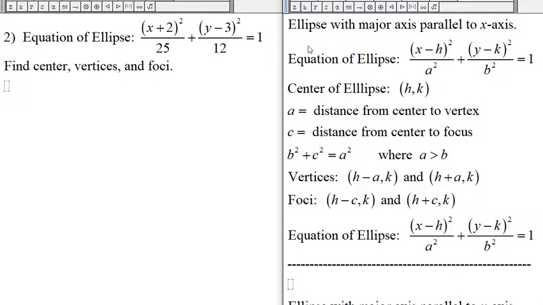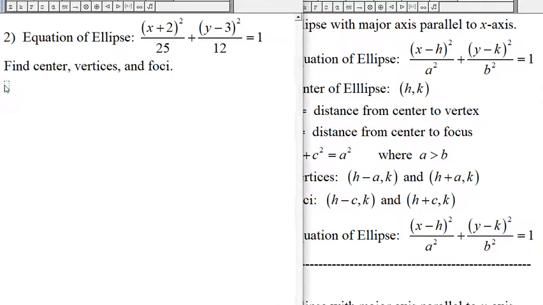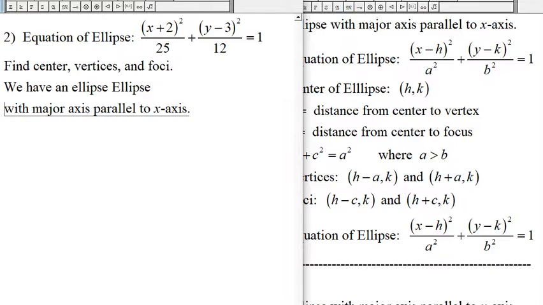And so we have an ellipse with major axis parallel to the x-axis.